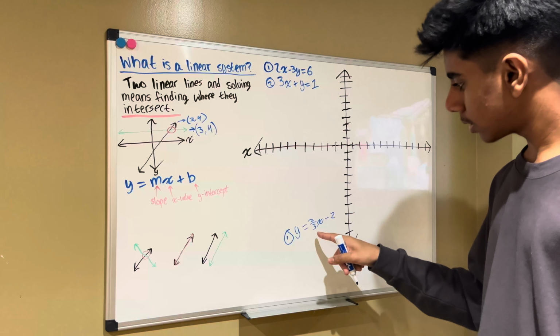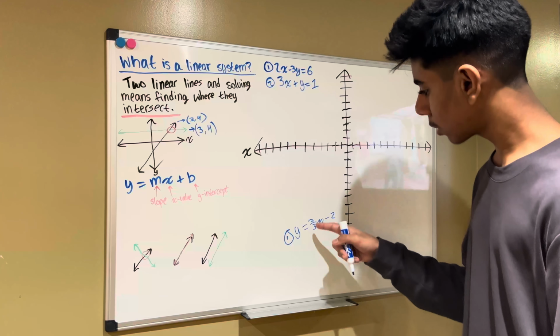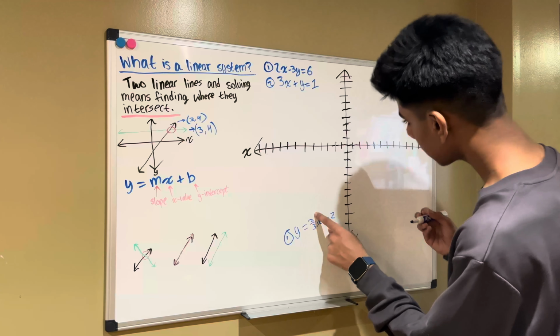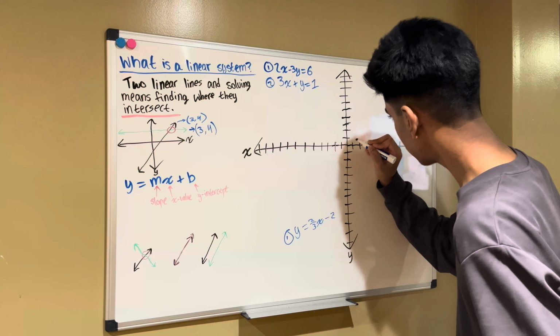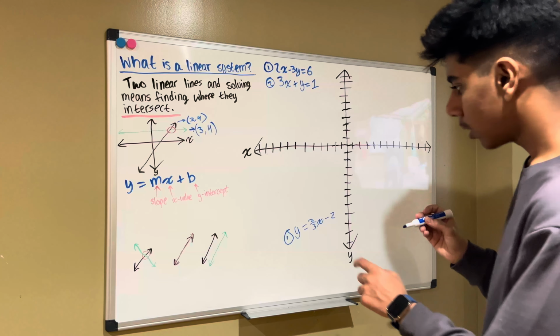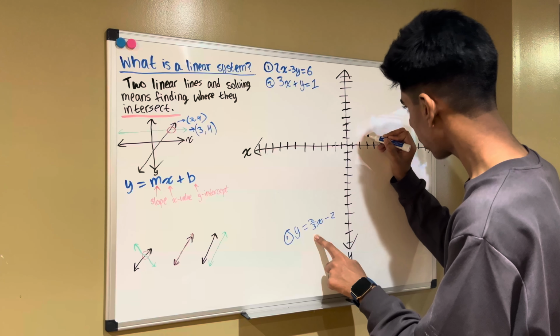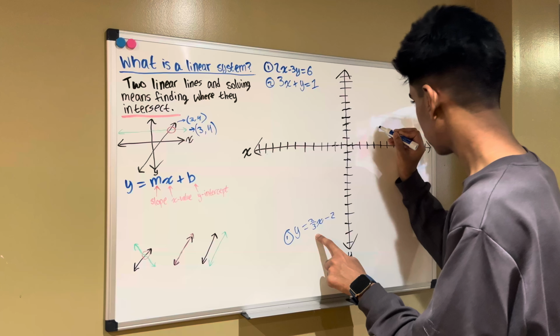Now we want to see rise over run. So this is already rise over run for us. This is already a fraction. So it rises by 2, 1, 2, and then runs by 3, 1, 2, 3, right here.